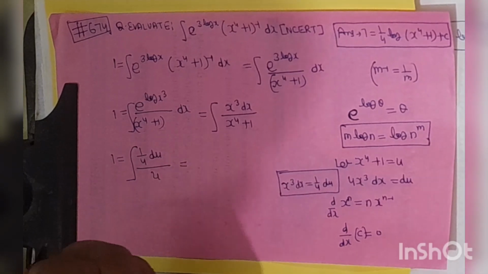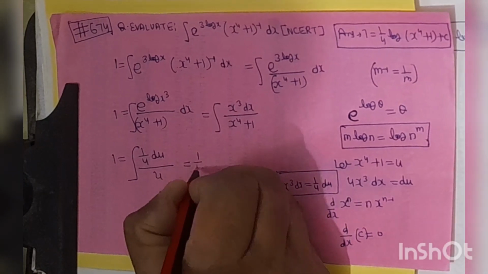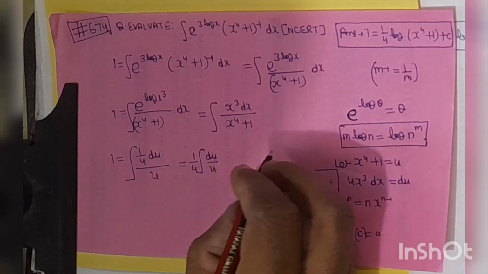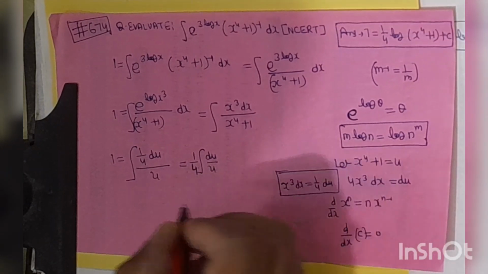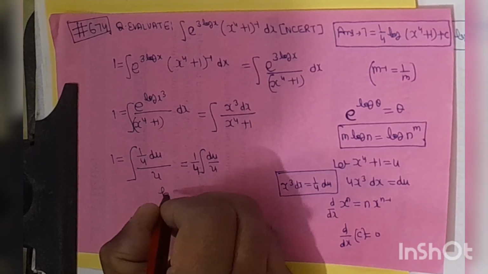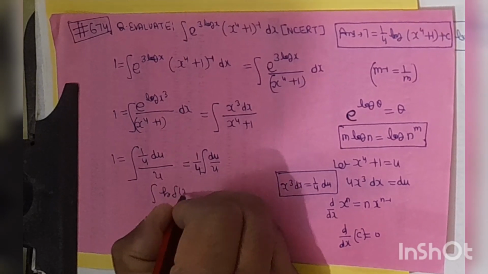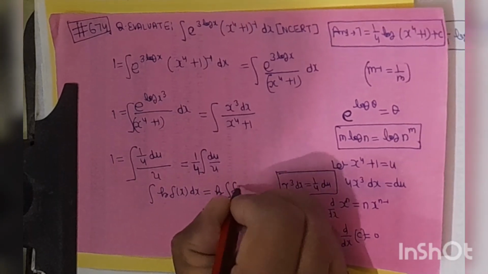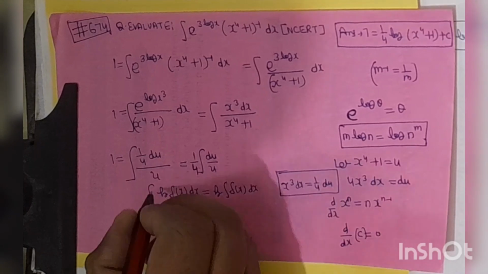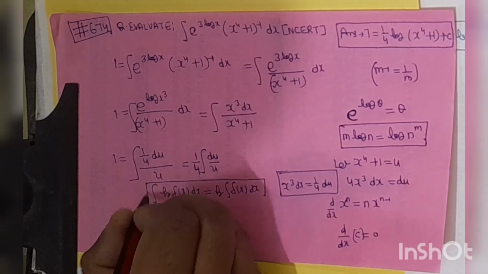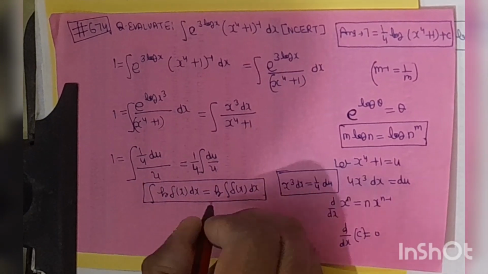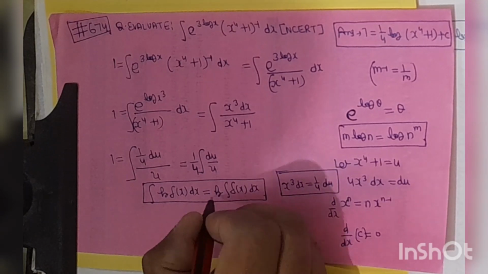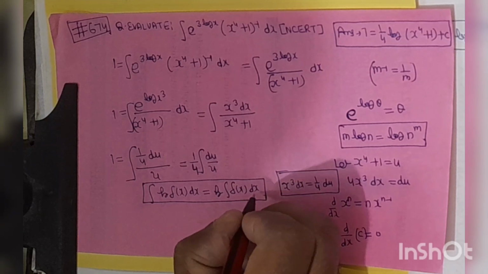Now the constant may be put outside, so it will be 1 upon 4 times the integral of du over u, because the integral of a constant multiplied by a function f(x) dx is equal to the constant put outside, k multiplied by the integral of f(x) dx.